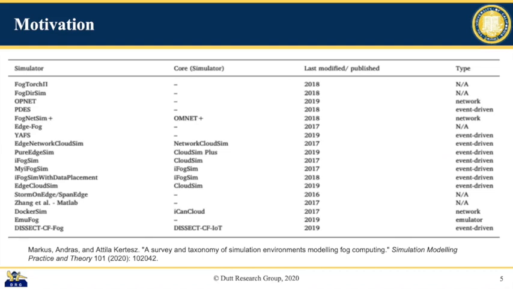From these needs, there are already lots of simulators in this research region. These fog system simulators have two big problems. The first one is that they cannot run real-world applications. Only one simulator, DockerSim, can run real applications on the simulator, but its scheduling is highly dependent on Docker, so they cannot manage their virtual device only.